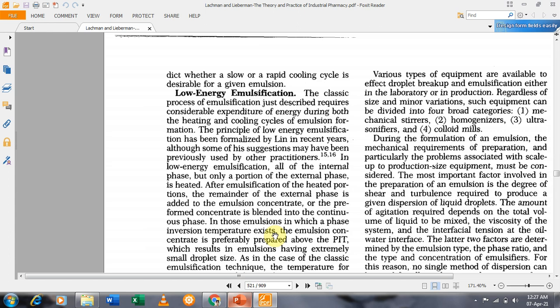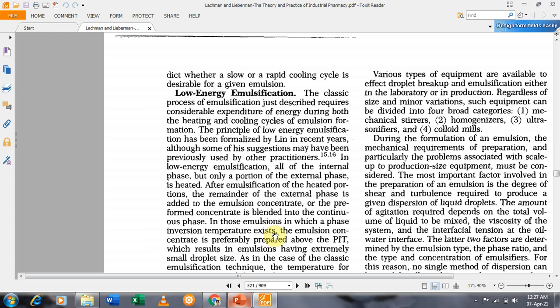Regardless of the size and minor variations, such equipment can be divided into four broad categories: mechanical stirrer, homogenizer, ultrasonifier, and colloidal mill.